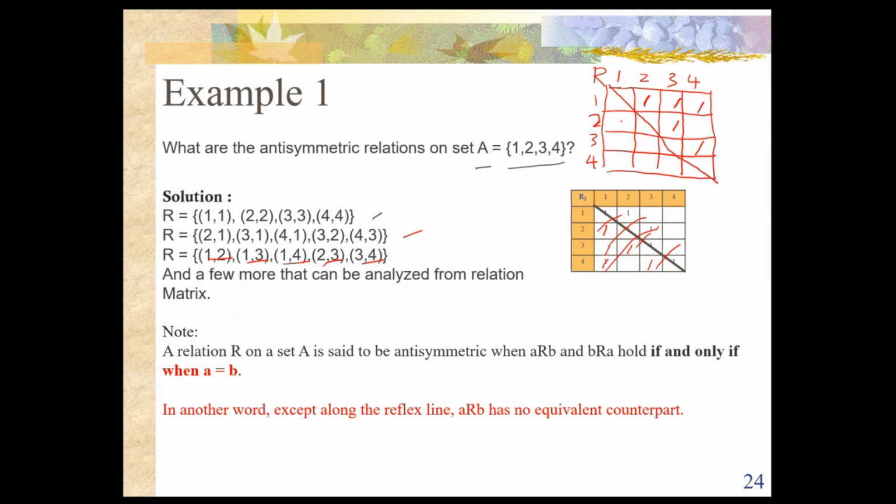So you see, there's no counterpart, right? 1,2, no counterpart in 2,1. 1,3, no counterpart in 3,1. 1,4, no counterpart in 4,1. 2,3, no counterpart in 3,2. 3,4, no counterpart in 4,3. Therefore, it's anti-symmetric. All right.